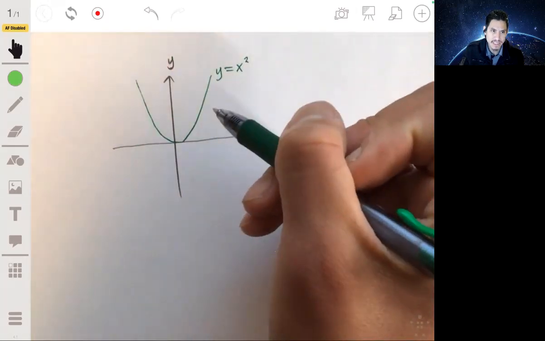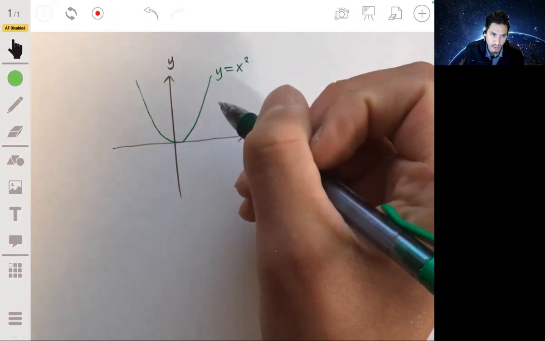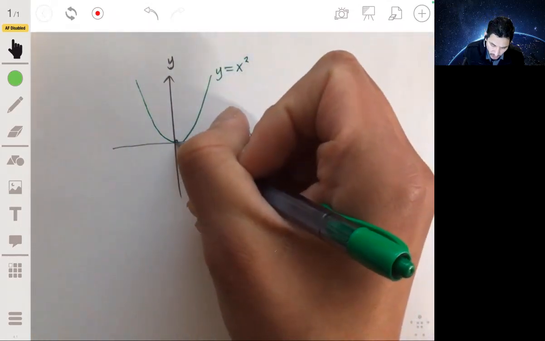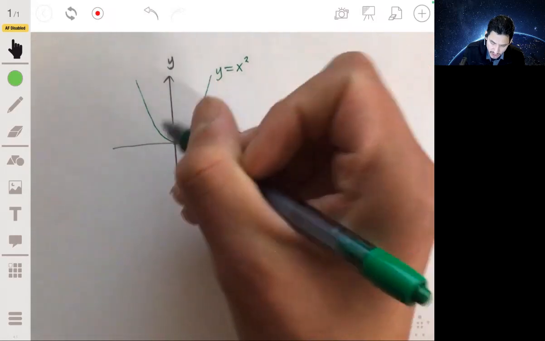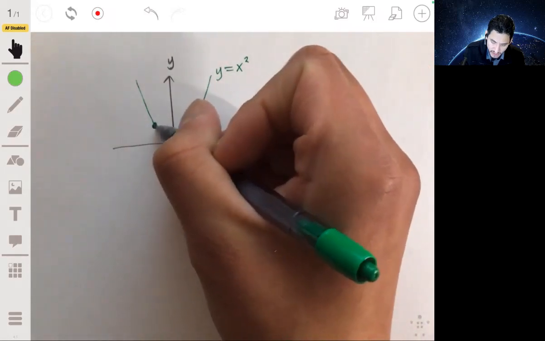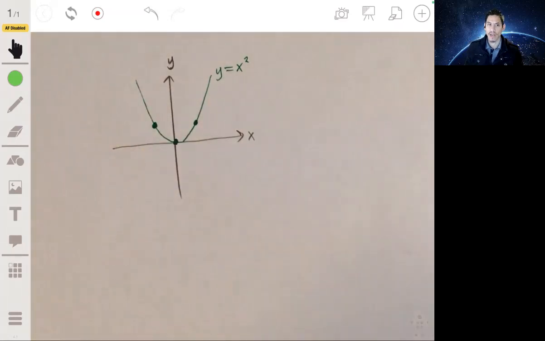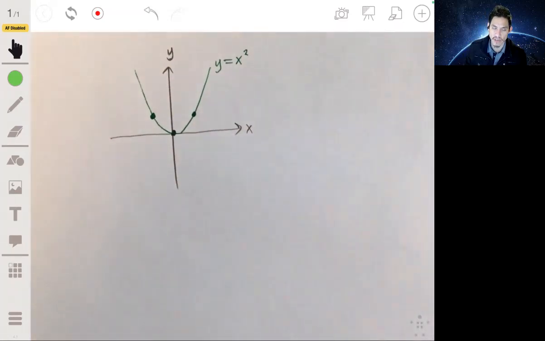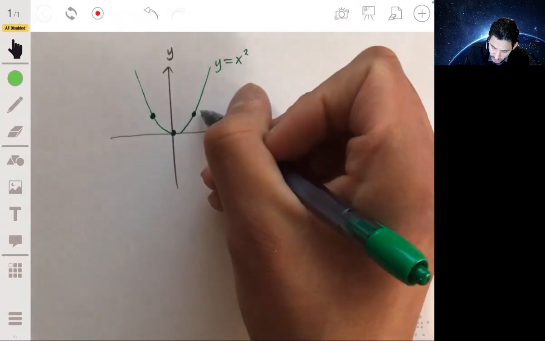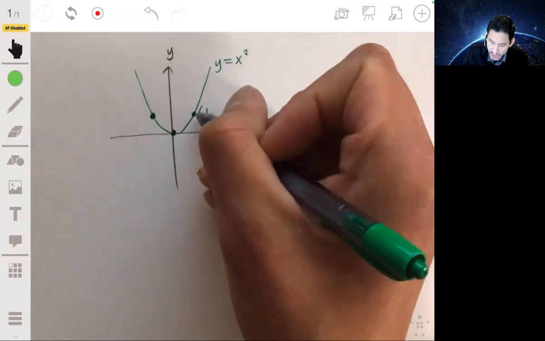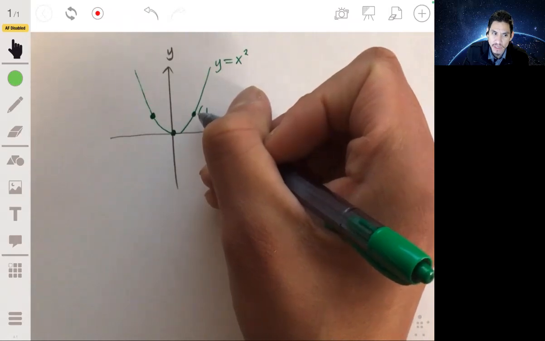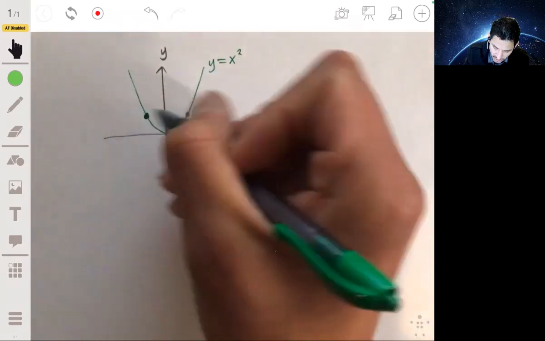This is an example of a function that's not 1-to-1. When something is 1-to-1, you want to think of it as having a unique y value for any x value, meaning you shouldn't be able to find y values that are the same for two different x values.